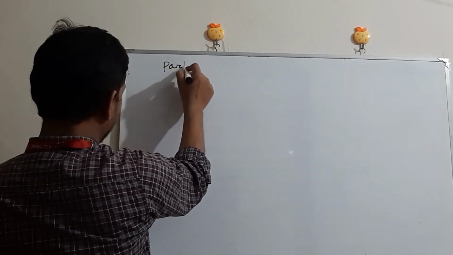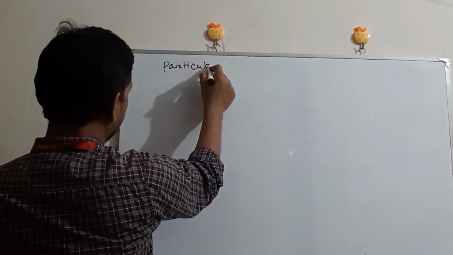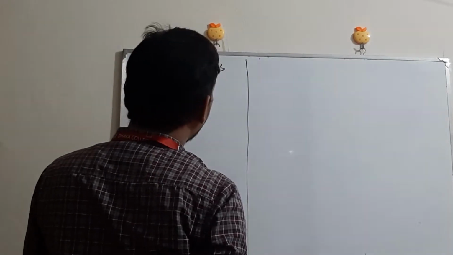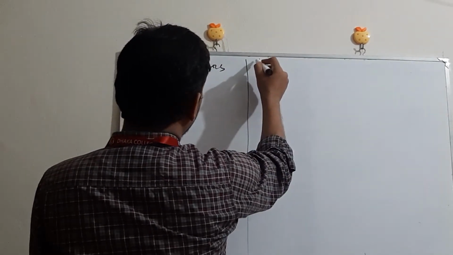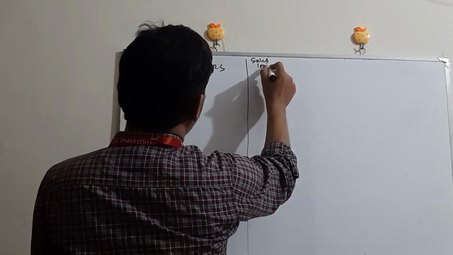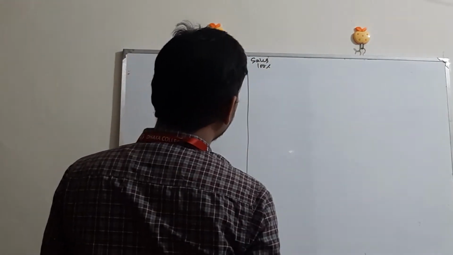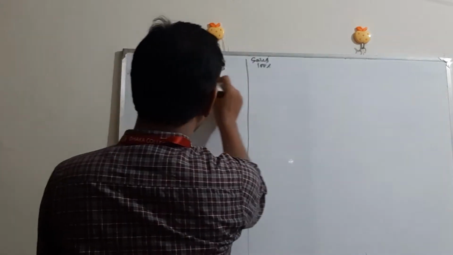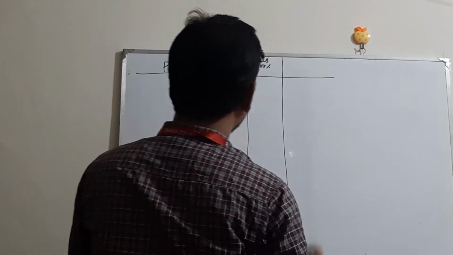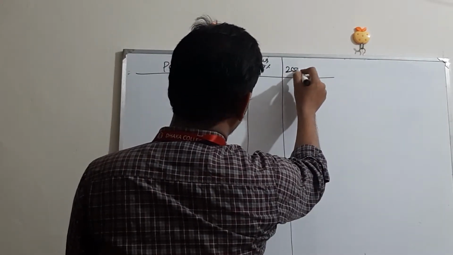Here, particulars. Then sales. Assume that it is the 100% sales column, and then it is the 200% sales column.